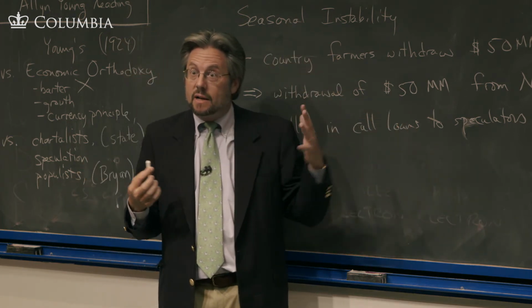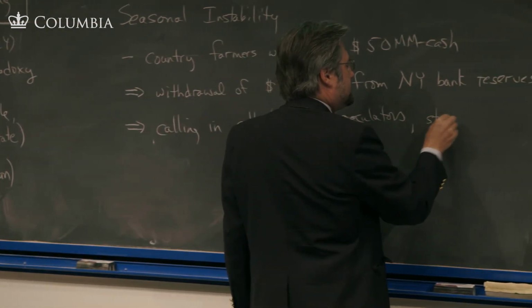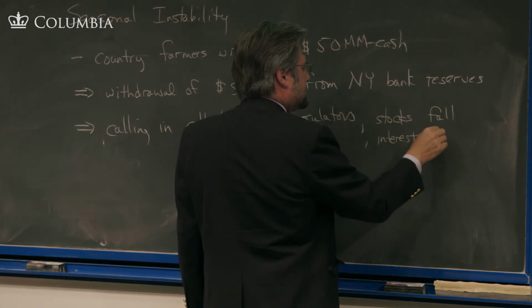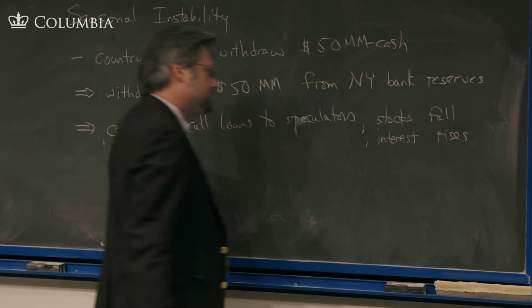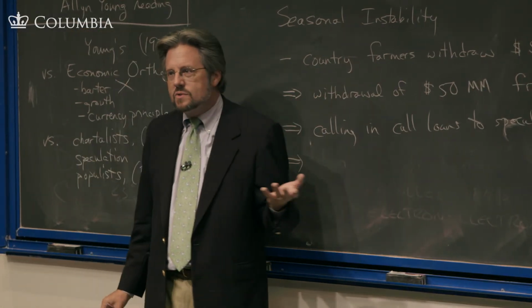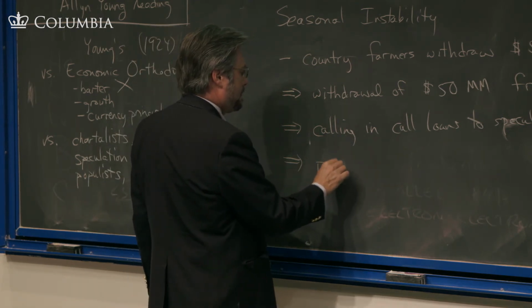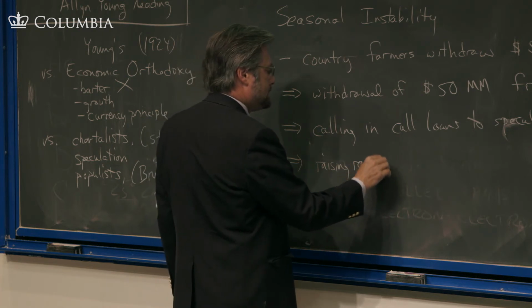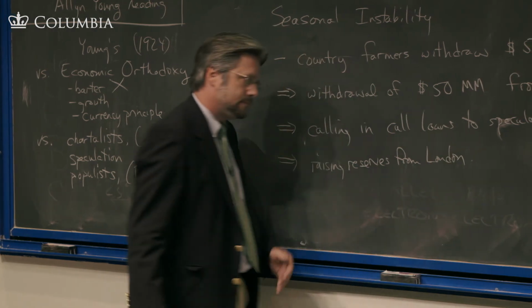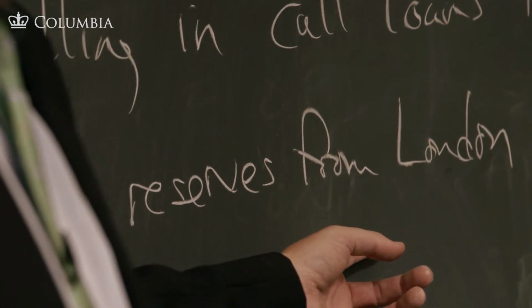And so there were asset price consequences. If the speculators are selling, you see stock market stocks fall, and interest rates rise. They also tried to raise reserves from world money markets, which meant London, which often disrupted world gold markets, as a matter of fact.